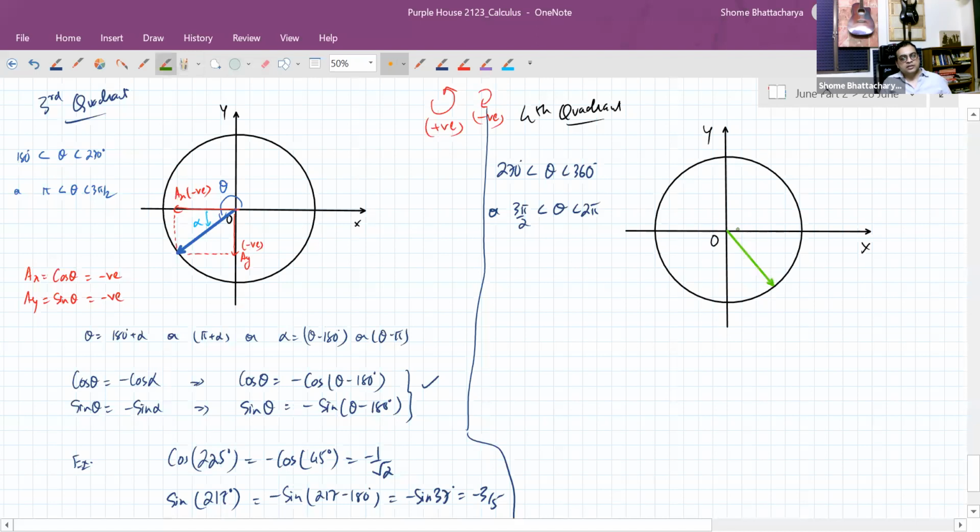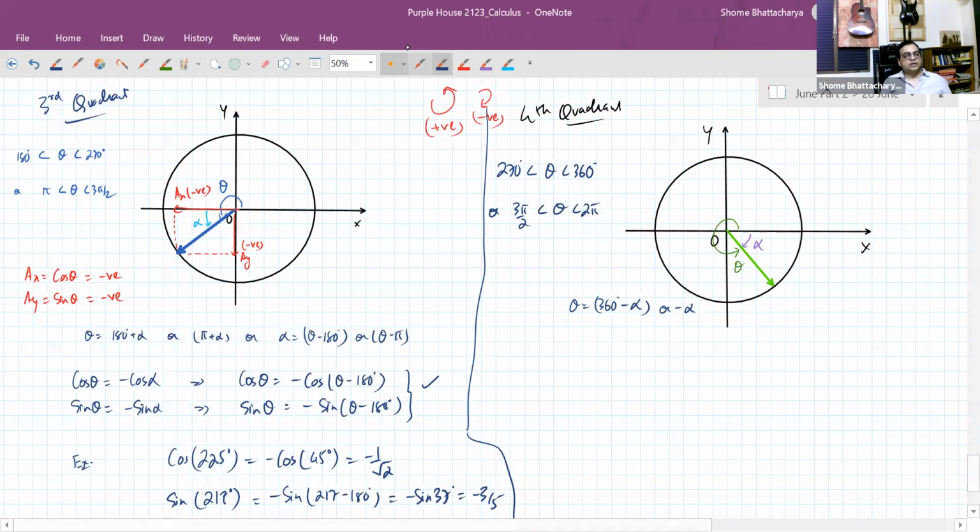So this has been rotated by a theta, which is like this. You can see it's in fourth quadrant. So this can be expressed as, if this angle is alpha, so theta can be expressed as 360 minus alpha, or simply as minus alpha, because 360 is the same as 0.